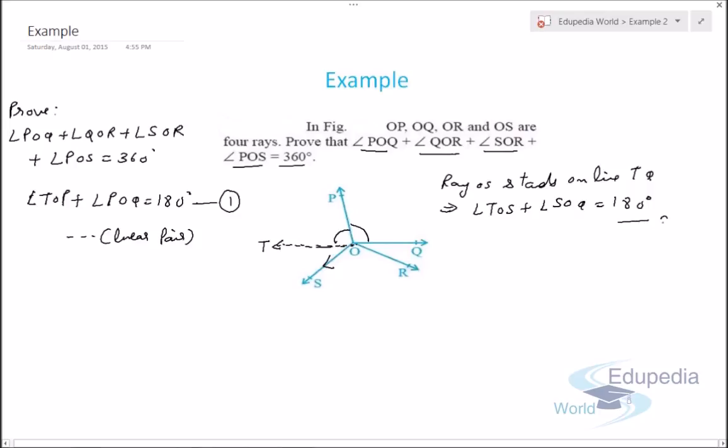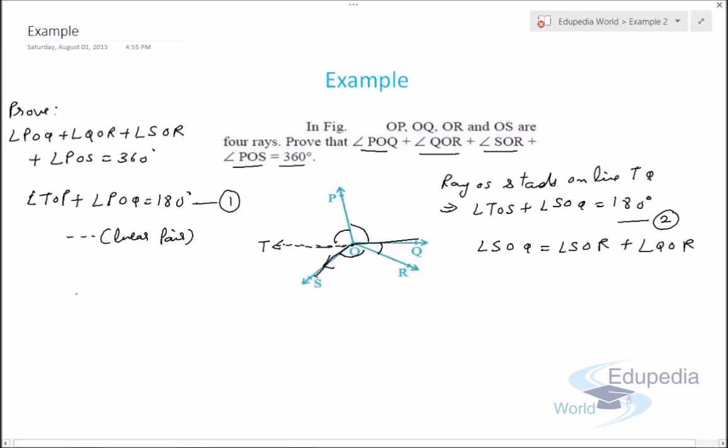Let's make this equation 2. Now angle SOQ is equal to angle SOR plus angle QOR. Why? Because angle SOQ represents the complete angle, which can be divided into two angles, this plus this. So angle SOQ equals angle SOR plus angle QOR.